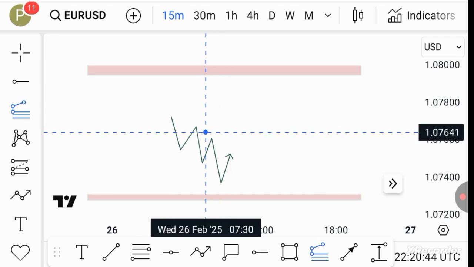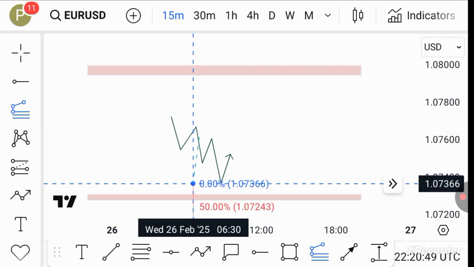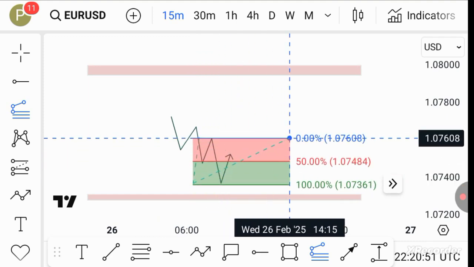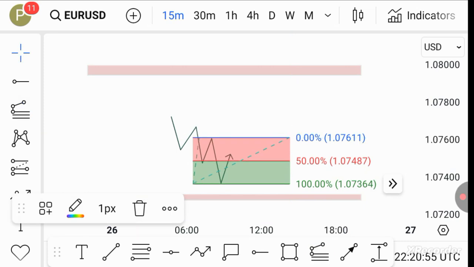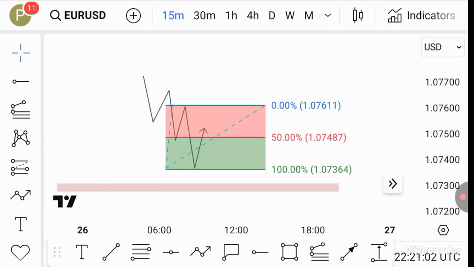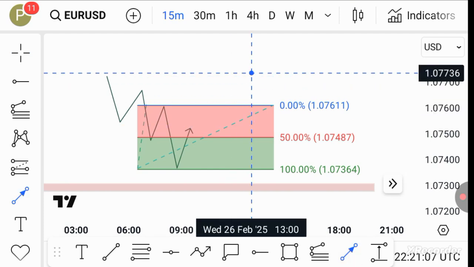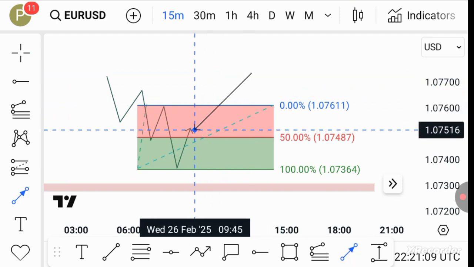I either use Fibonacci retracement or I use this tool of mine, this premium and discount, to identify areas where price is likely going to make a reversal from. Okay, so we could see that price has stepped into the premium level.